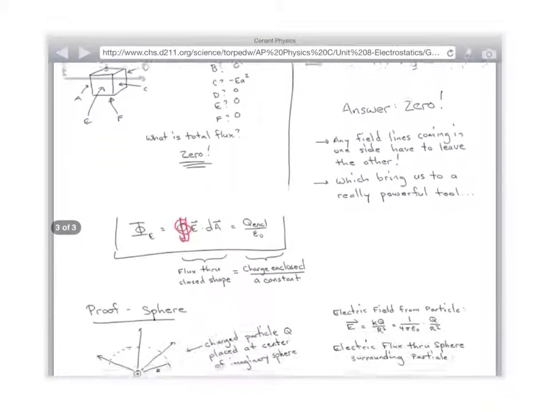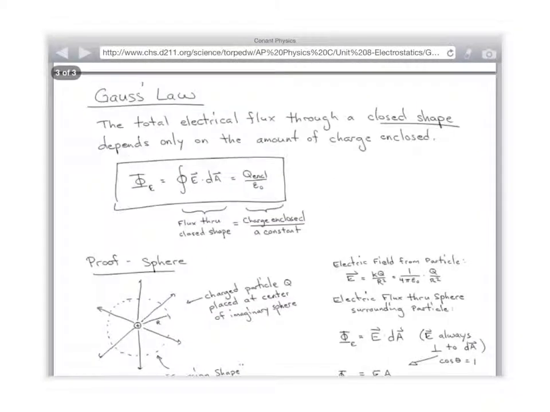If you have a closed surface, the only thing that can contribute to the flux is any charges that are inside of the surface, inside of the balloon. Hey, wasn't that on our lit sheet? Yeah. All right? That's what I thought. Only things that are contained in the balloon can contribute to the net field.